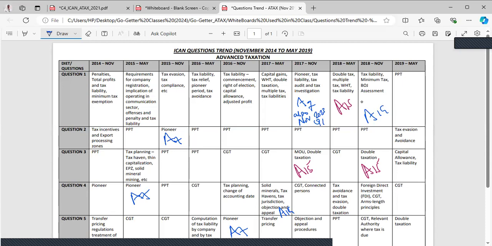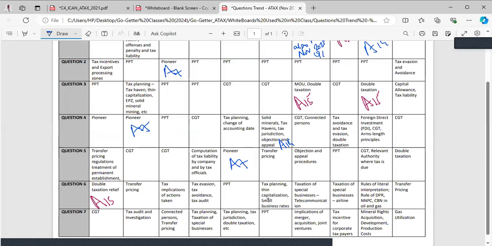Okay, so we've seen one there. There's another one here in 19. So you can see now that these things happen here. You can find out how these questions are being done.